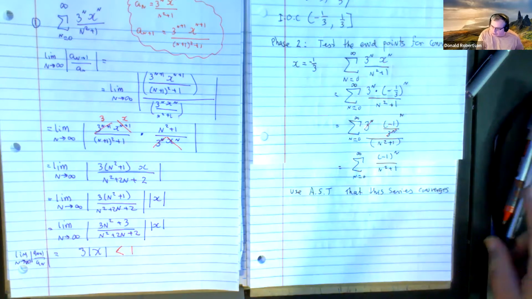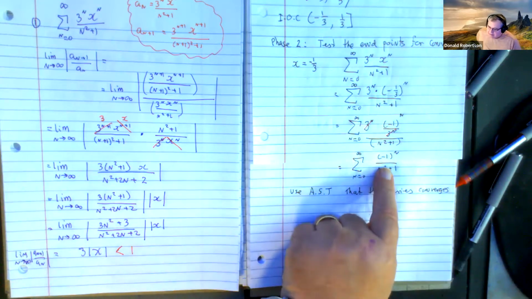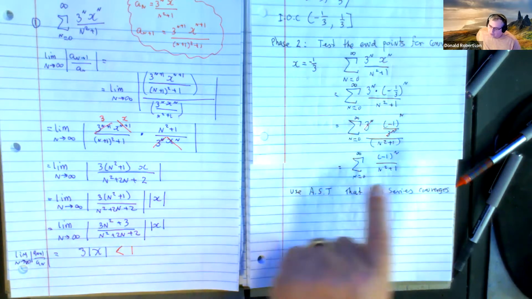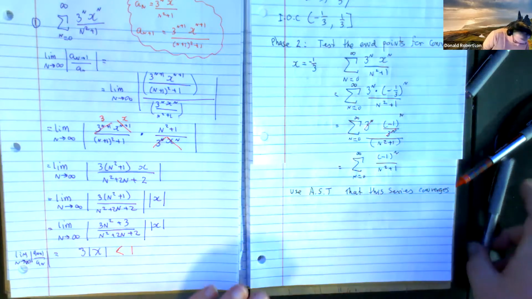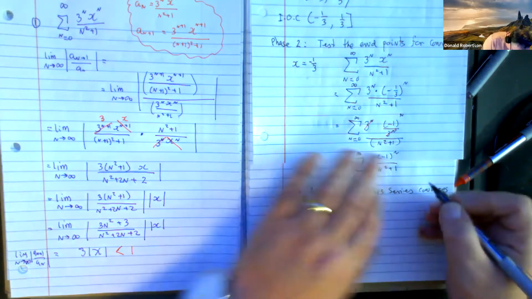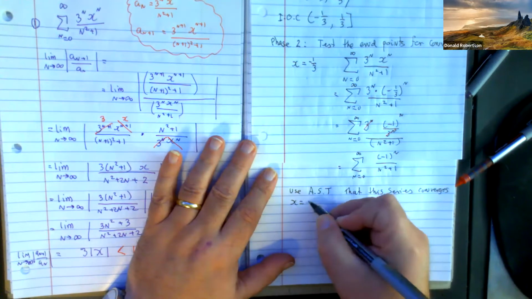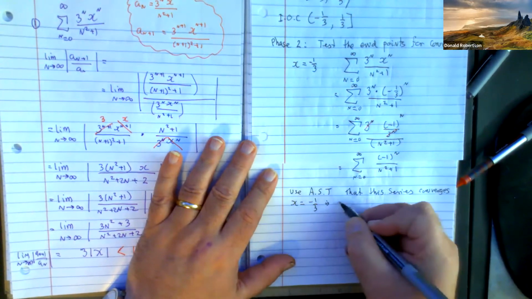Now, I can talk you through it. If this is an alternating series test, wouldn't the term be 1 over n squared plus 1? I can prove that that's decreasing, and I can prove that its limit is 0, therefore it converges. That's essentially what I'm doing. Now, that means that x equals -1/3 is a usable value.